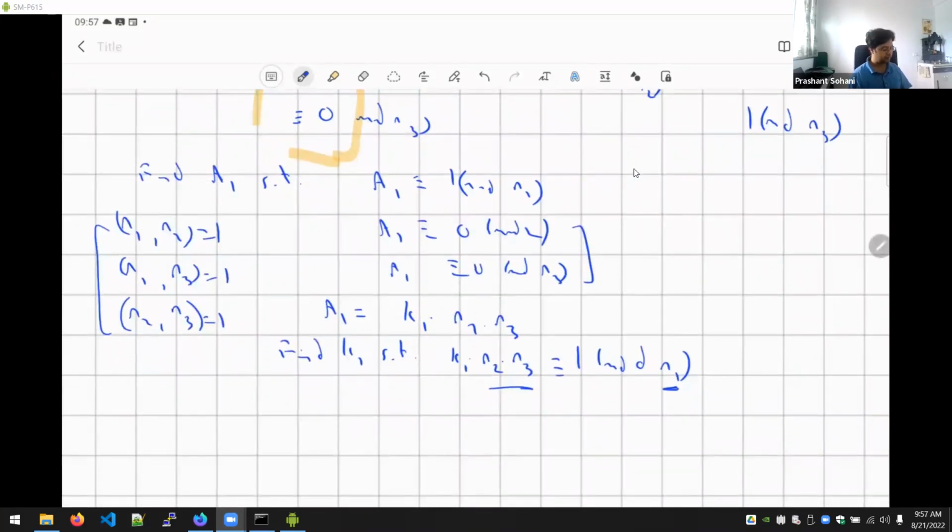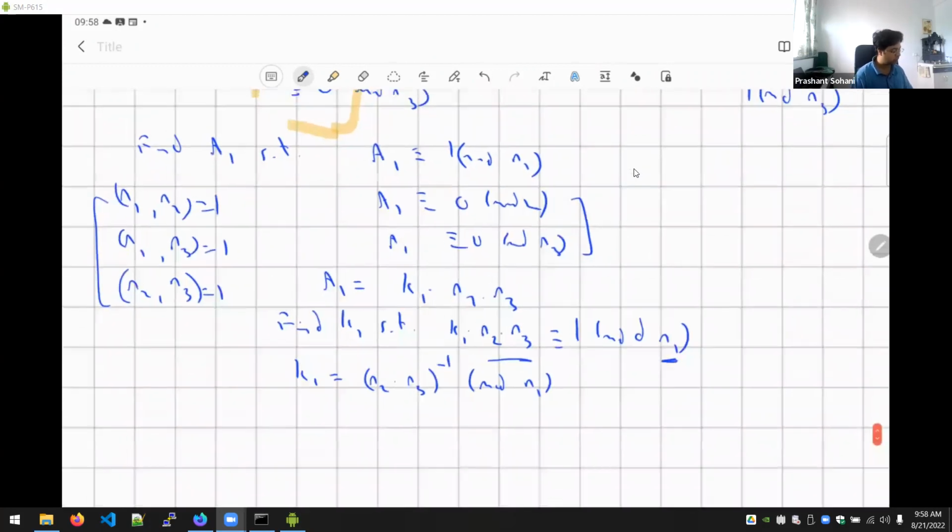In fact, in terms of the multiplicative inverse notation that we have, K1 will be nothing but the inverse of N2, N3 modulo N1. So this is how I can find K1, and therefore I know what A1 is. Putting everything together, what will my X look like?